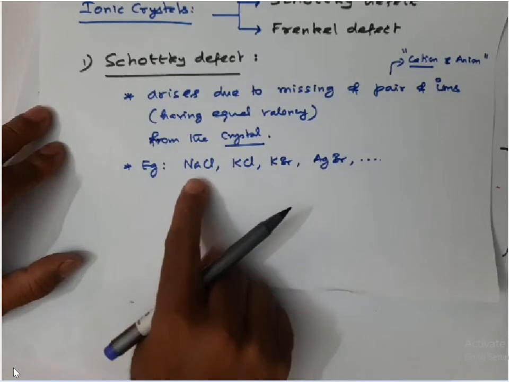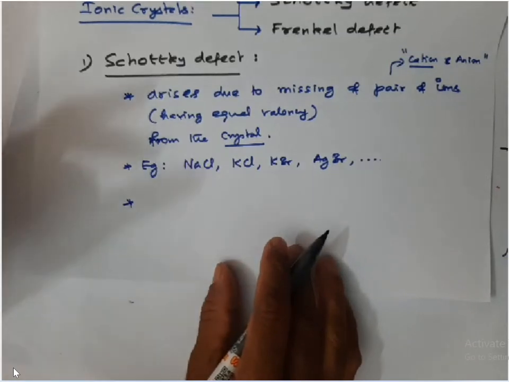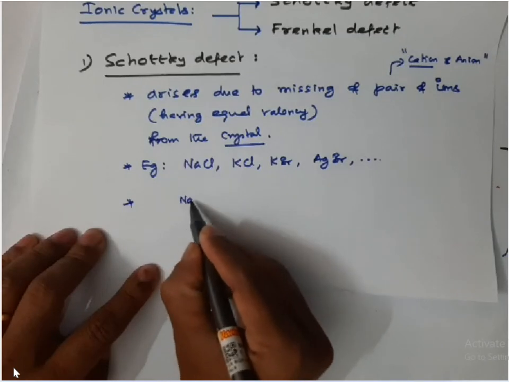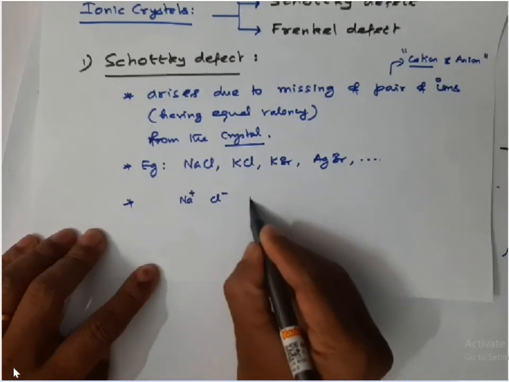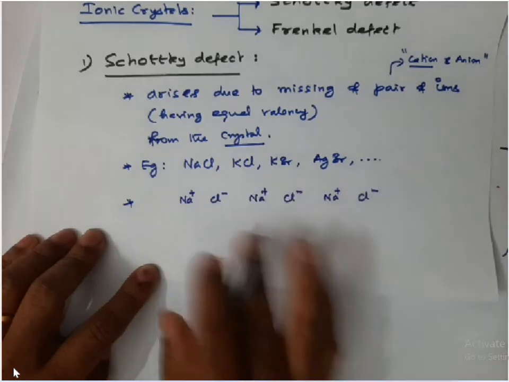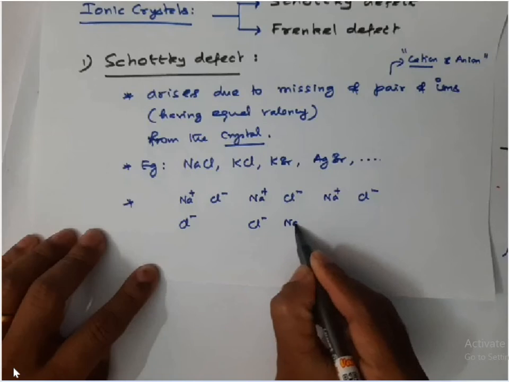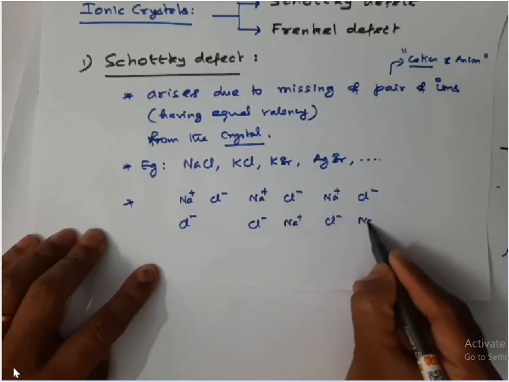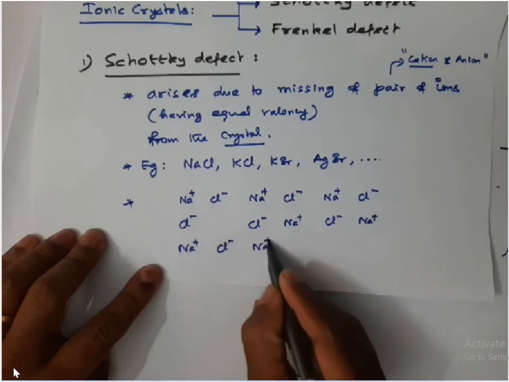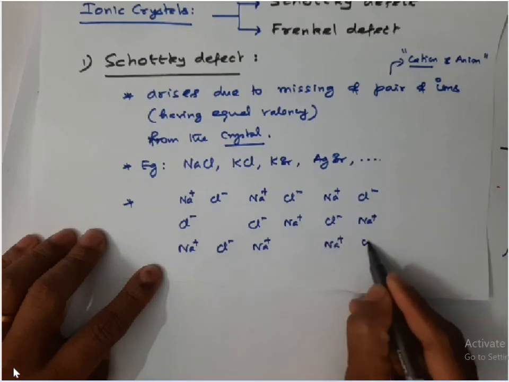Let me show with sodium chloride as an example. I am not going to draw the actual crystal structure of sodium chloride. Just for understanding purposes, I'll show you like this. We have sodium ion, chloride ion, sodium ion, chloride ion. This is how the particles are arranged in the crystal. Chloride ion, then sodium ion, chloride ion, sodium ion, and so on.